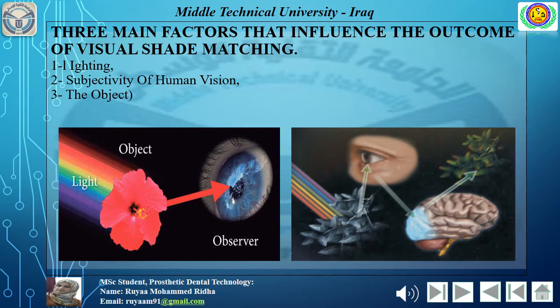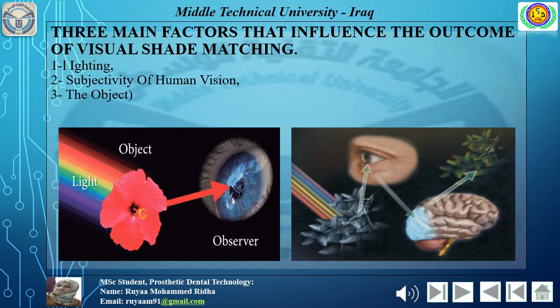Scotopic vision means under low lighting condition only the rods are used, while photopic vision means under higher lighting condition the cones are used. We must note when changing from photopic to scotopic vision, this is called dark adaptation and takes about 14 minutes.